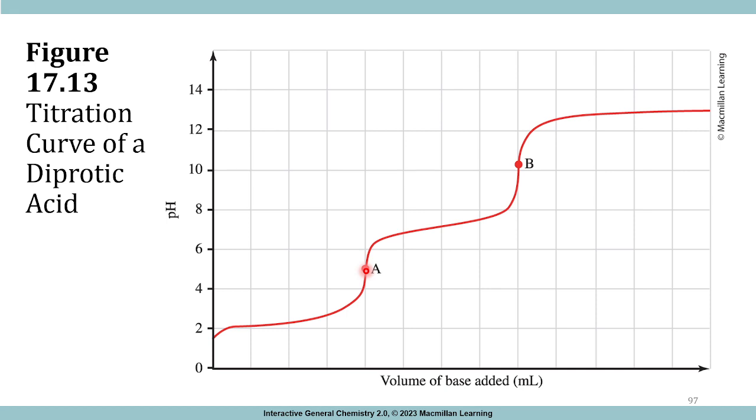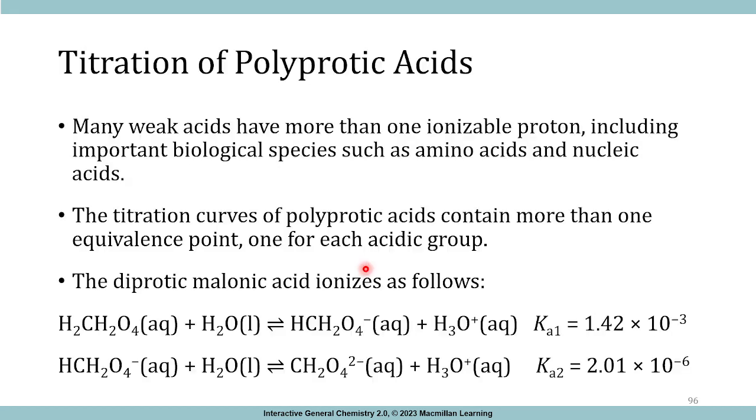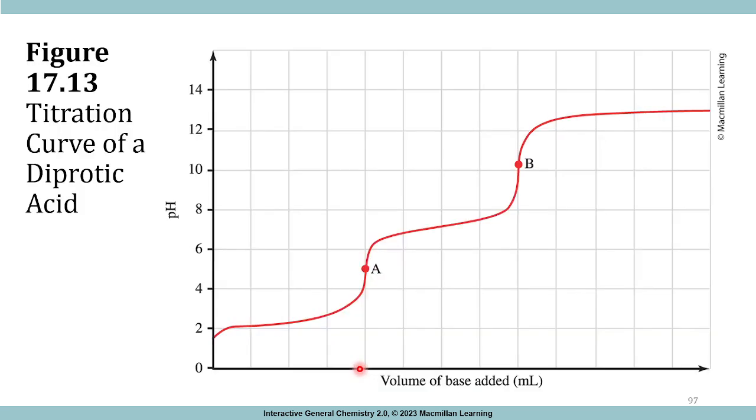And so what happens at this second step is we just take that species right there and we deprotonate it one more time, don't we? And so now we're at the initial concentration of our second deprotonation acid, aren't we? Okay. And then we go into another buffer region, and then we go into another equivalence point, don't we?